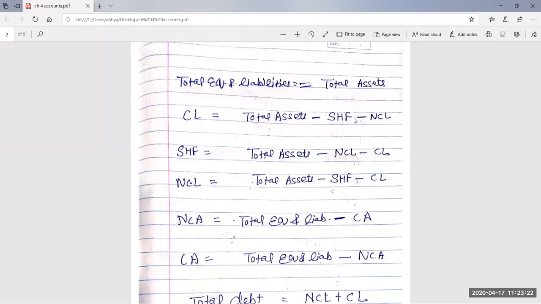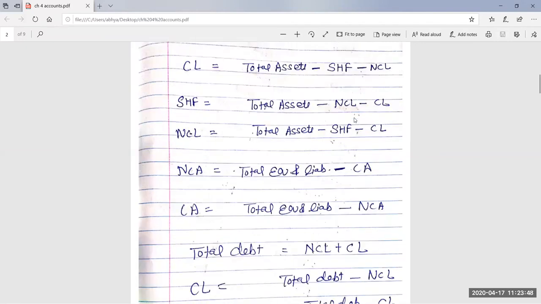If you want to find out shareholder fund, then it will be total assets minus non-current liability minus current liabilities. Whatever thing is not given, you have to just interchange the side of that particular thing and use the mathematical equation to find out the unknown figure.